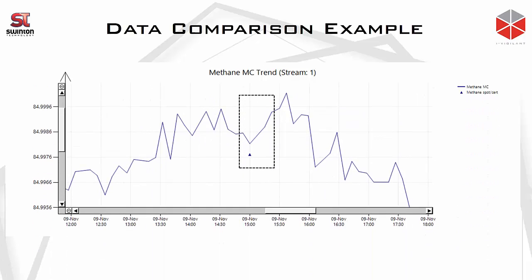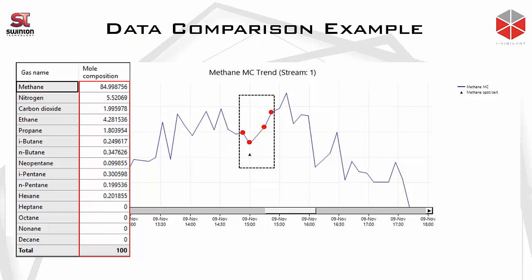So what we do next then, we basically take the average of the data of these 4 data points: 1 data before the spot sample time, and then 3 data after that.